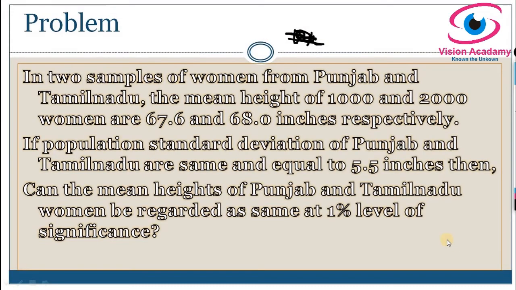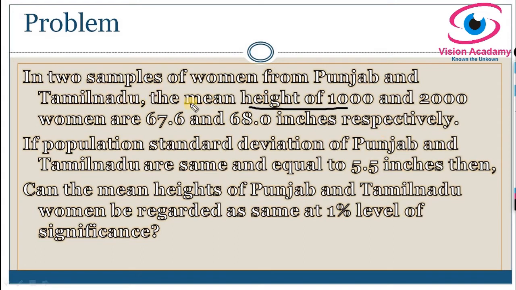Then let us consider a problem for which we can test a hypothesis. In two samples of women from Punjab and Tamil Nadu, the mean heights of 1000 and 2000 women are 67.6 and 68 inches respectively.